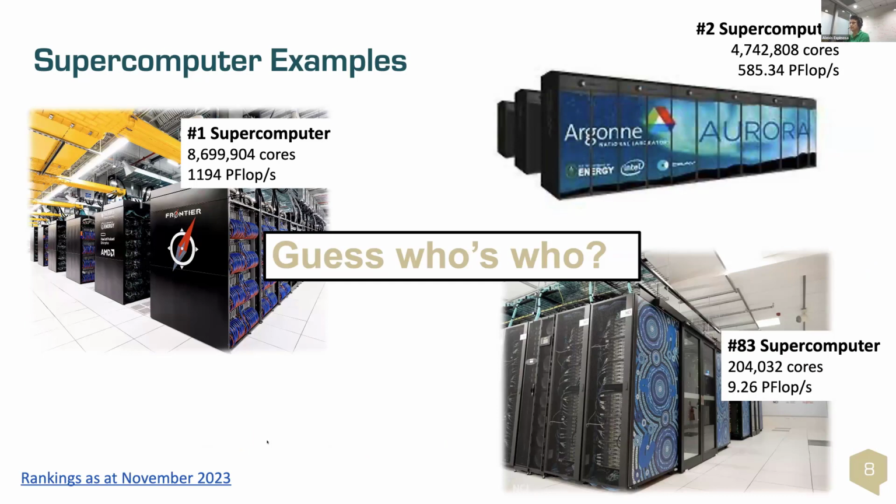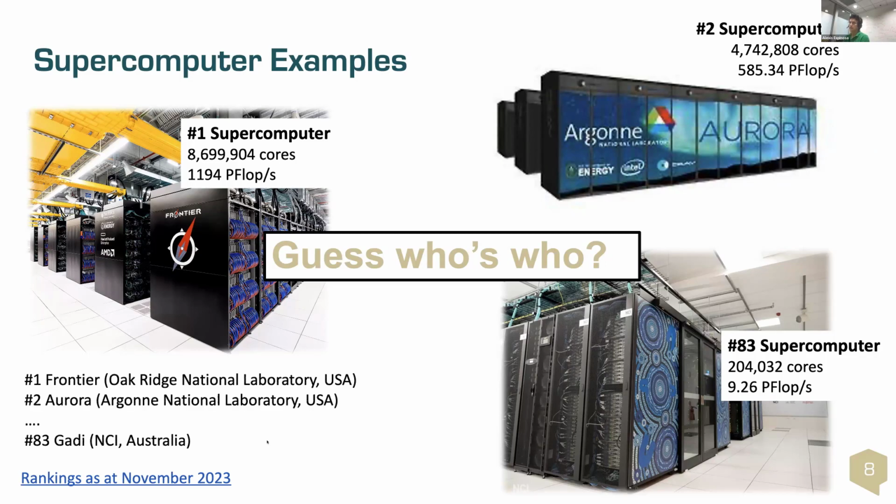Recently, in the last supercomputer conference that happened last week, a new list of supercomputers was released. The fastest supercomputer in the list is Frontier from the Oak Ridge National Lab in the US.